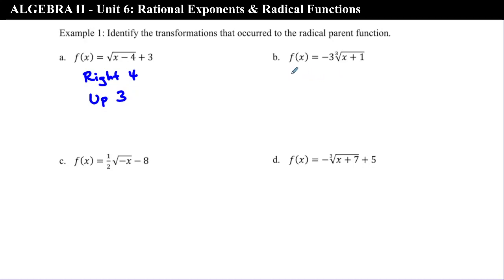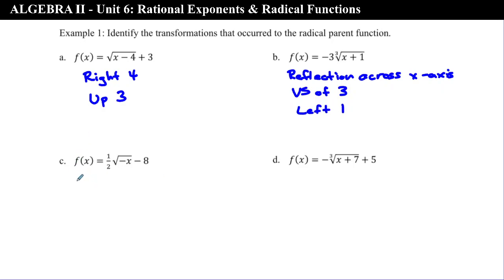For B, we have a reflection across the x-axis. And it's important that you tell me which axis is being reflected across. And then we have a vertical stretch of 3. We have also a translation to the left by 1 unit.